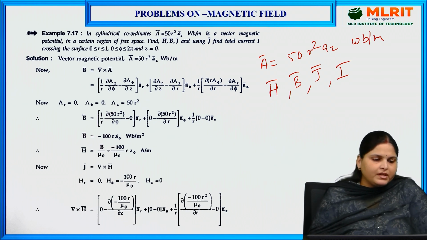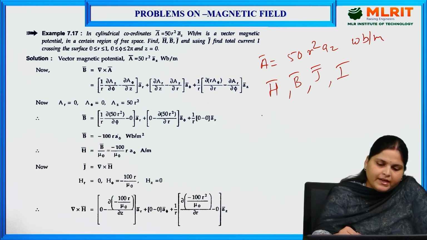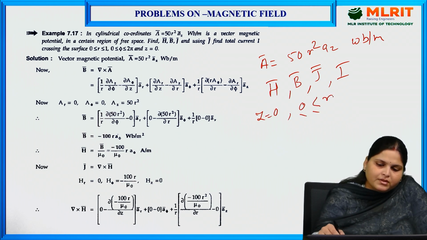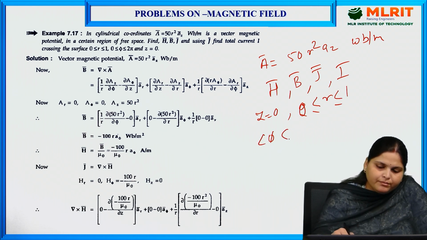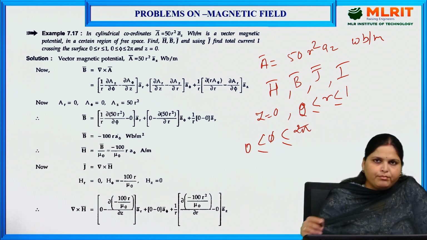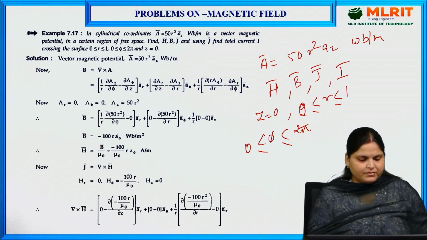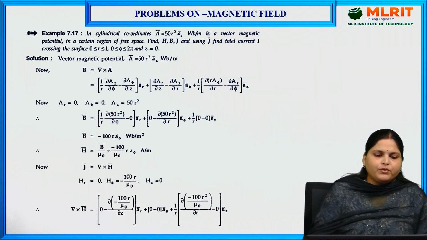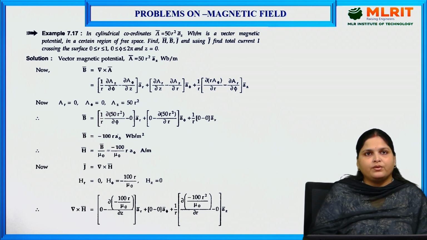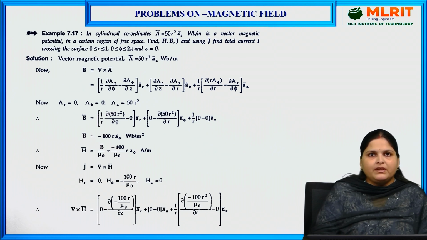And the surface is given as at z equals 0, r is extending from 0 to 1 and phi is extending from 0 to 2 pi. These are the parameters given in the question. So we have to calculate H, B, J and I, okay? And A is given and it is a vector magnetic potential.